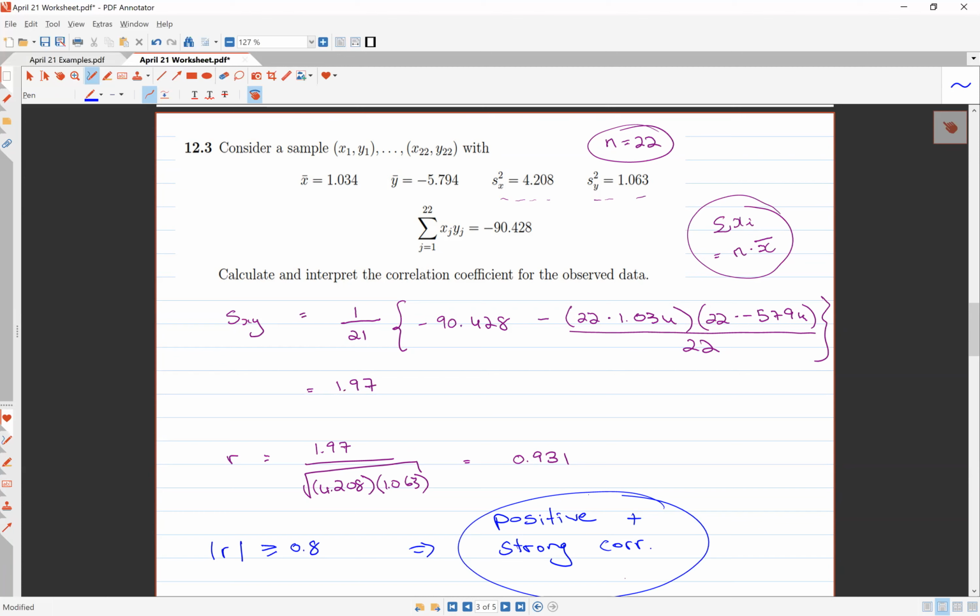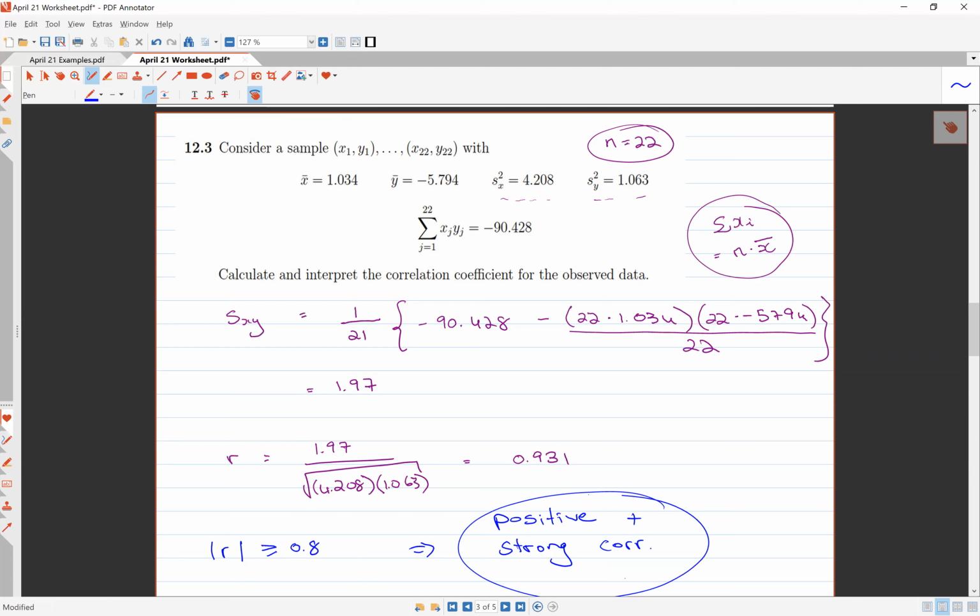Again, at this point, when the correlation is this close to 1, it becomes a little bit difficult to imagine nonlinear relationships that result in a measure that's close to a very strong positive correlation.